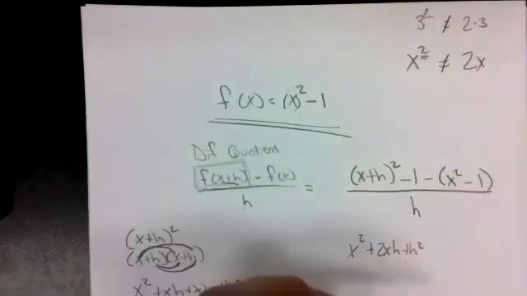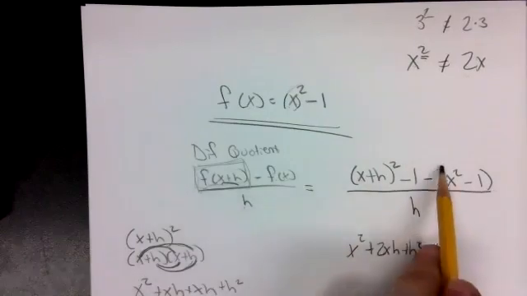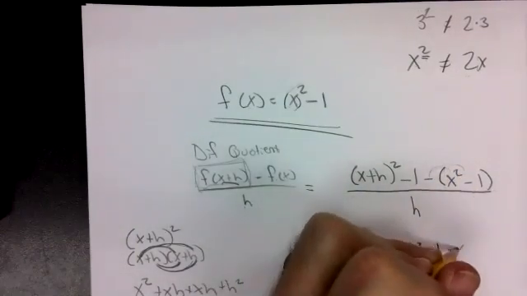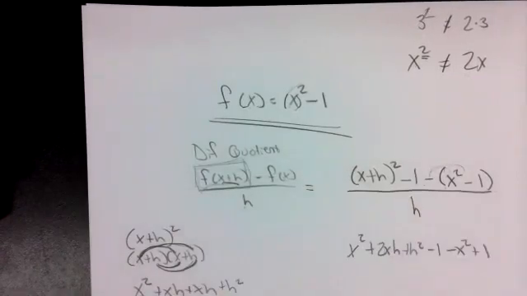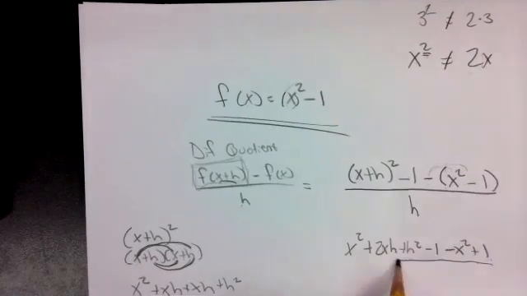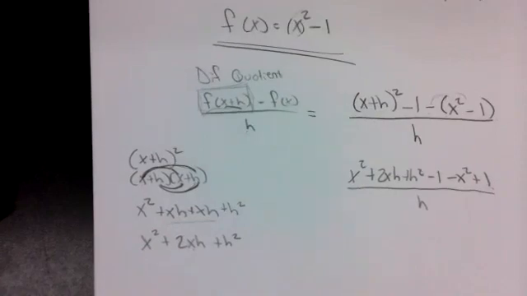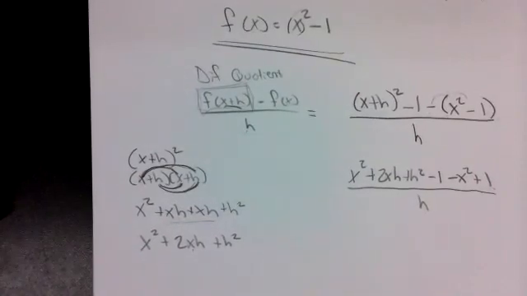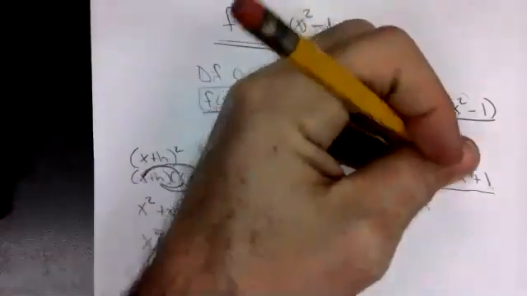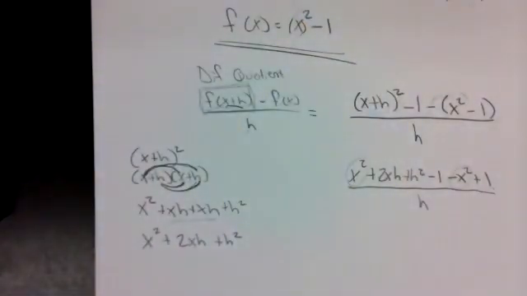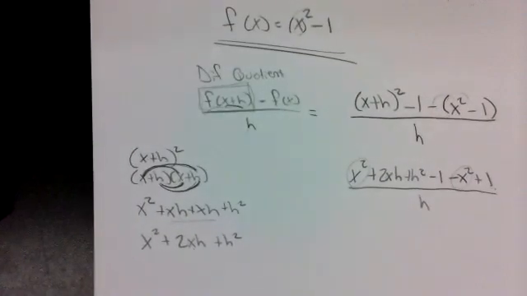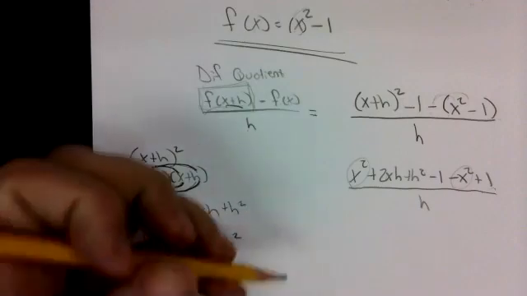And then we have this minus 1. Then if we distribute our negative, we get a negative x squared. And then the negative of a negative makes that a positive 1. That's all over h. Now, once we do that, we can start looking for our like terms. Here, positive x squared and negative x squared cancel each other out.